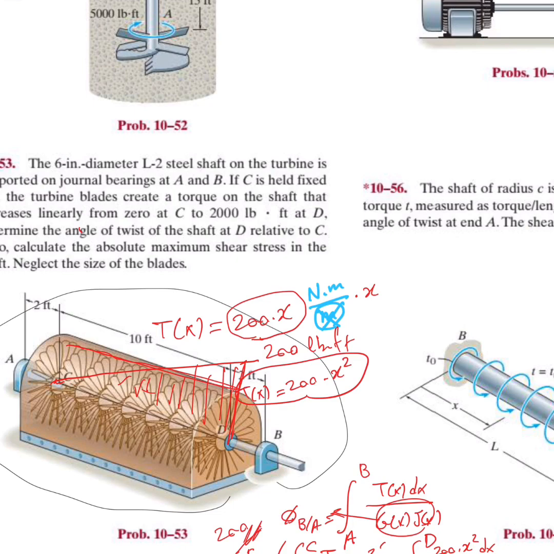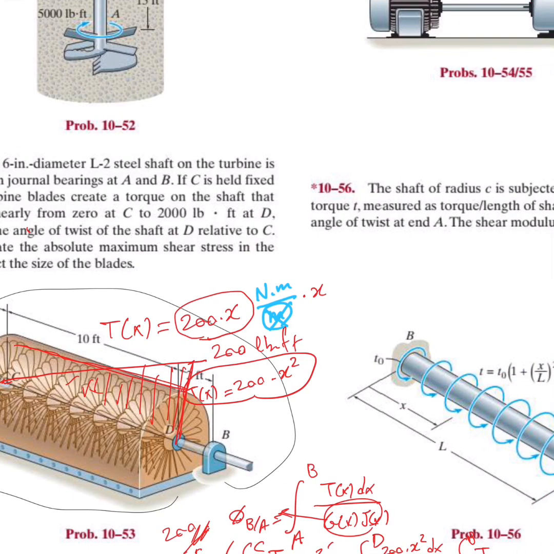So that's it. Plus the integral D to B, and right here is the torque from D to B multiplied by L, which is simply 2. Here from here to here is also 2 feet. And you can also find this from equilibrium, assuming this frictionless journal bearing. So these are simple things.